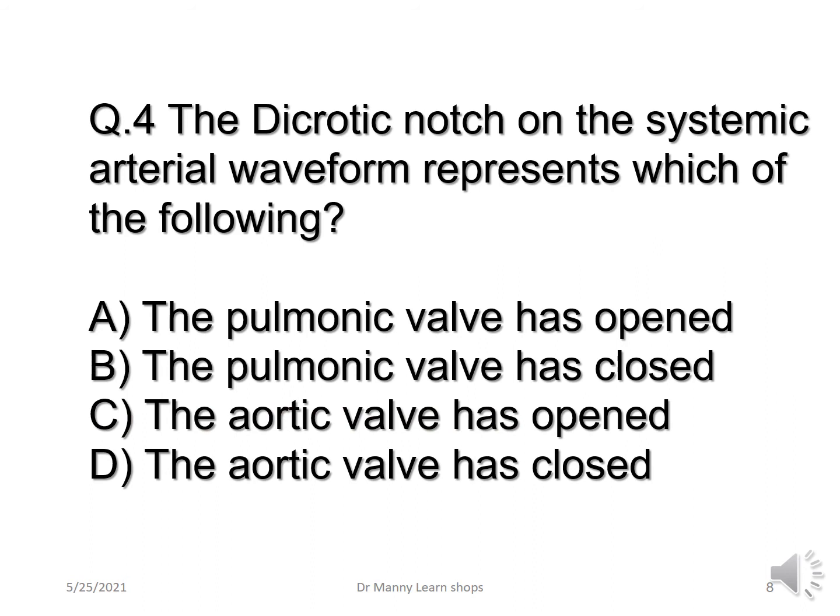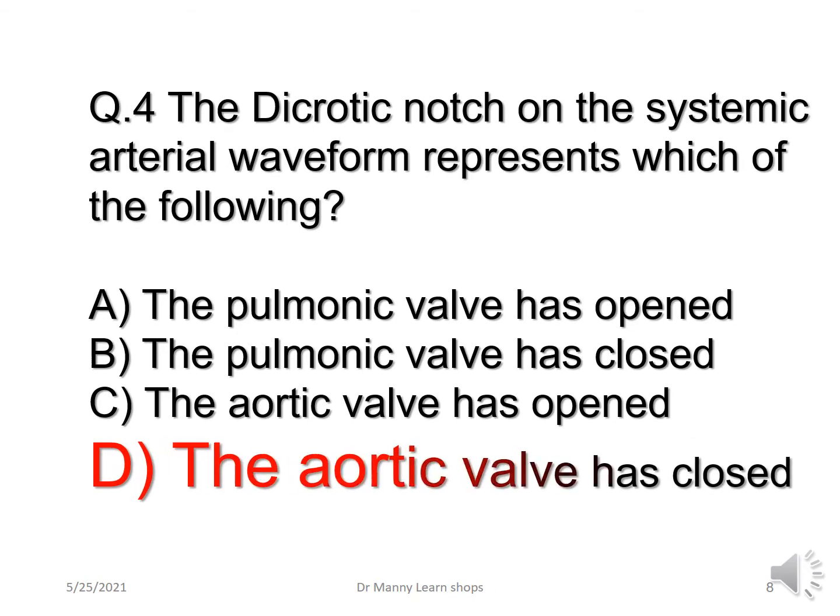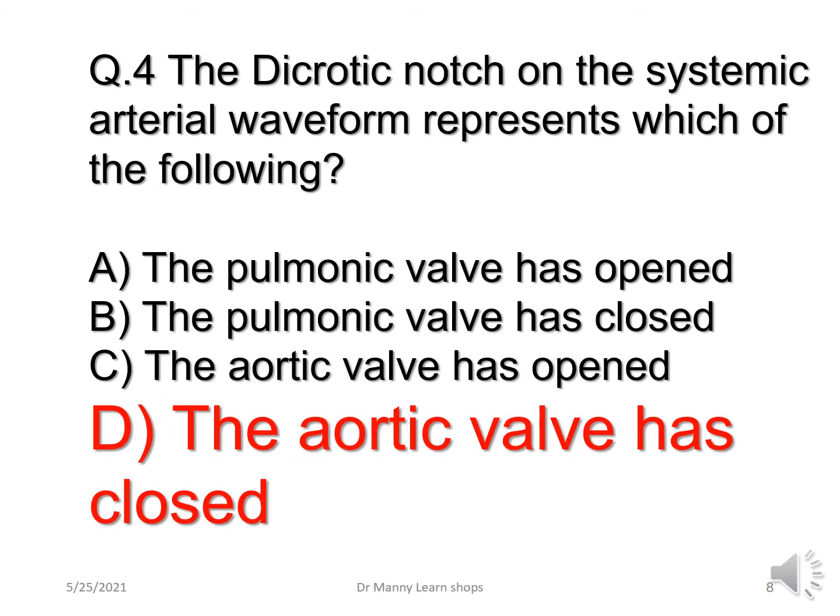What about this one? The dicrotic notch on the systemic arterial waveform represents which of the following: that the pulmonic valve is opened, the pulmonic valve is closed, the aortic valve is opened, or has the aortic valve closed? Which of the following is correct? The correct answer is D. The aortic valve is closed.